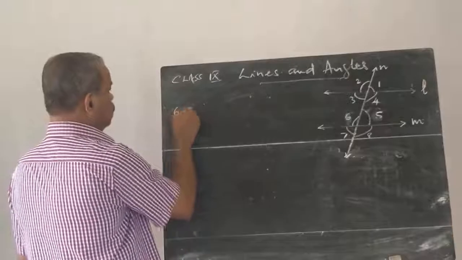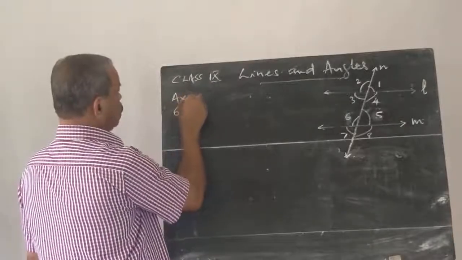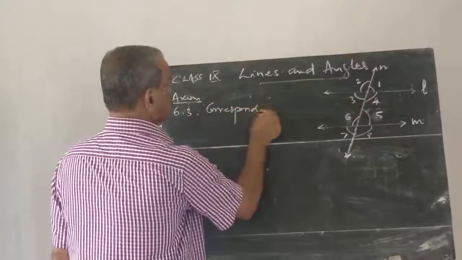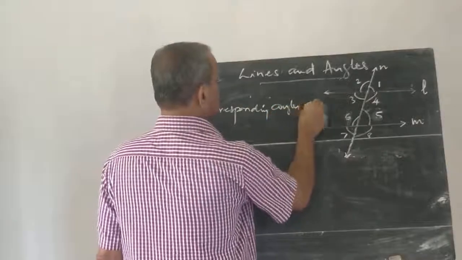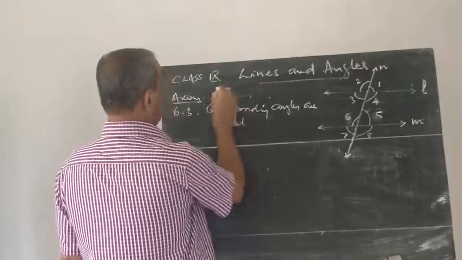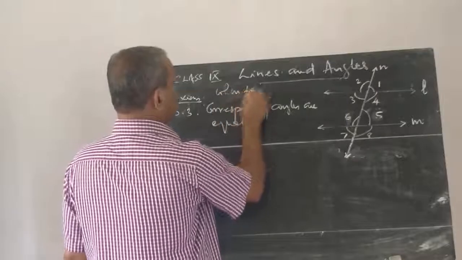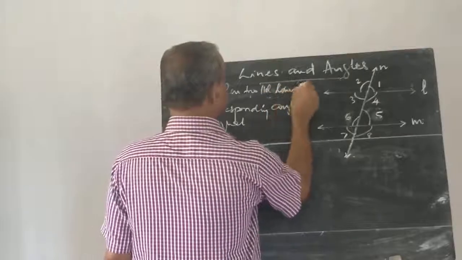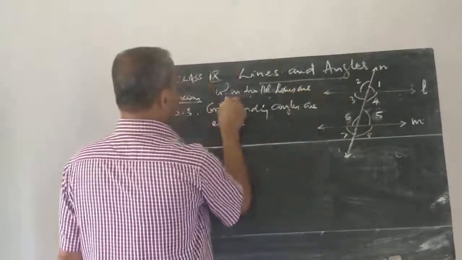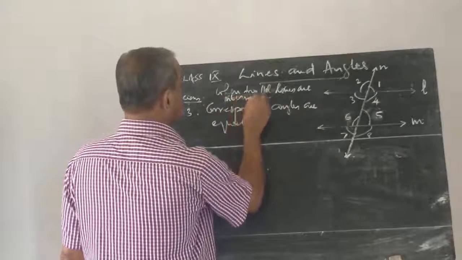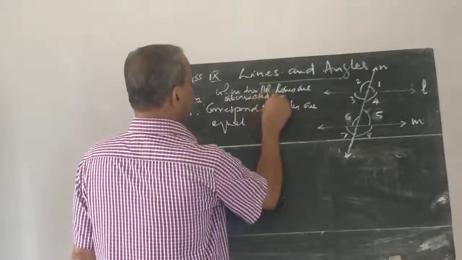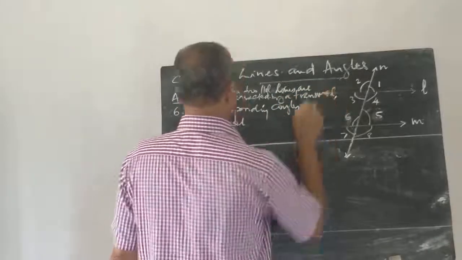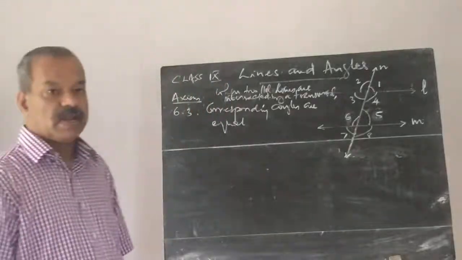Corresponding angles are equal when two parallel lines are intersected by a transversal.